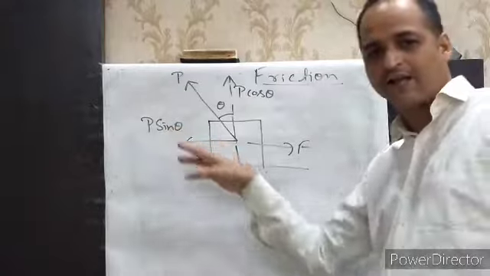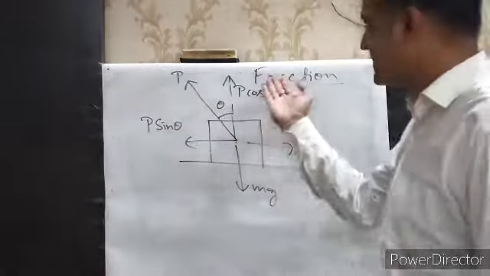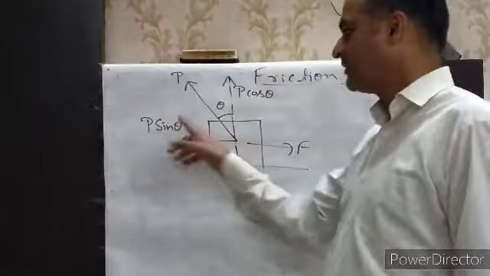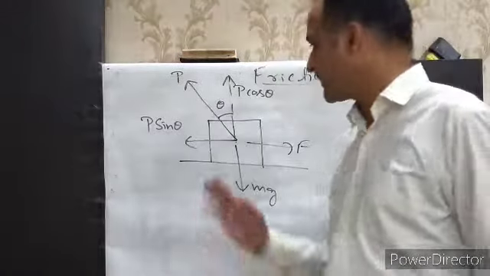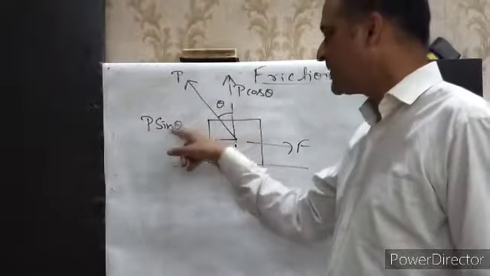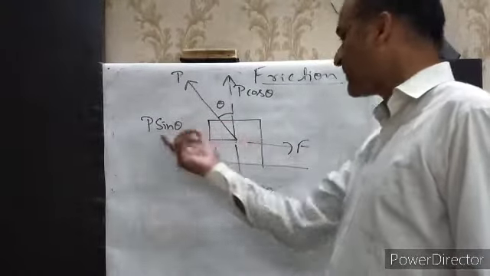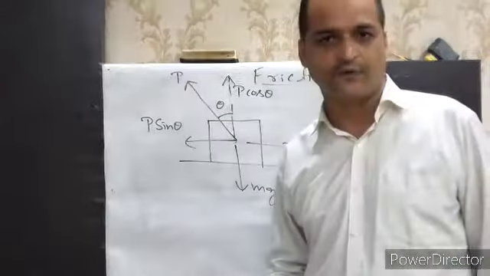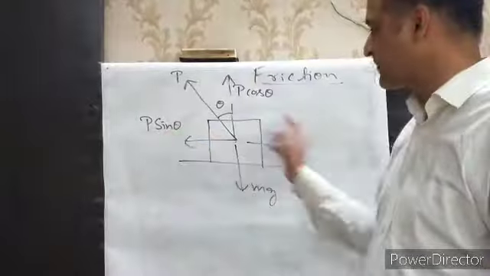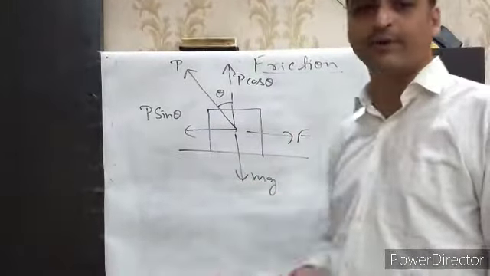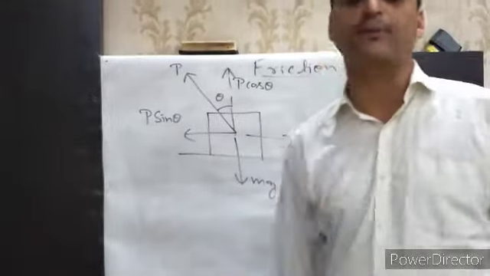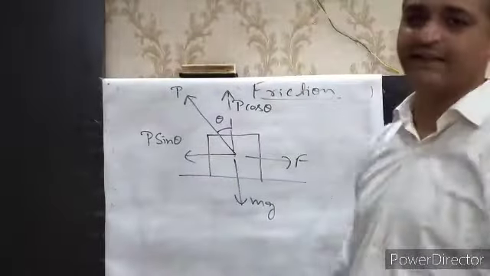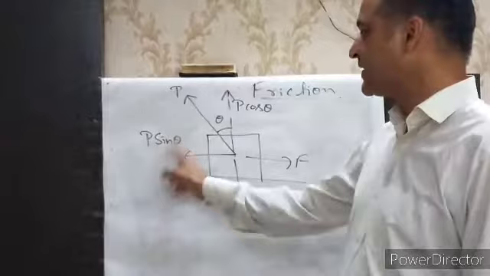It is tilted such that P sin theta becomes equal to the external force, so that these two forces cancel out and there is no motion. This P sin theta stops the motion of the object. Therefore this P sin theta is the friction force.